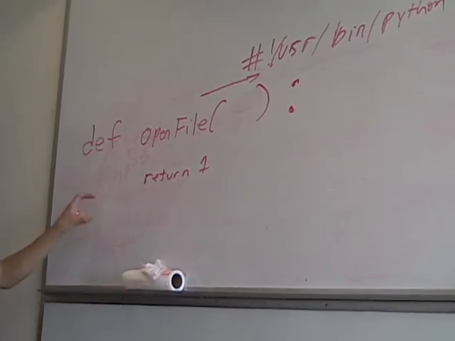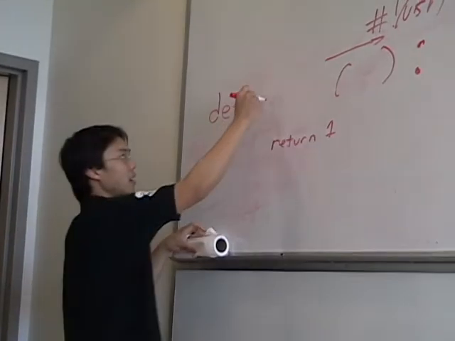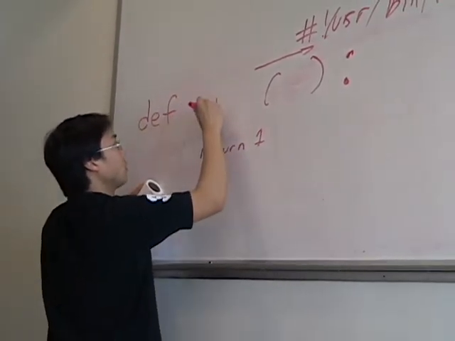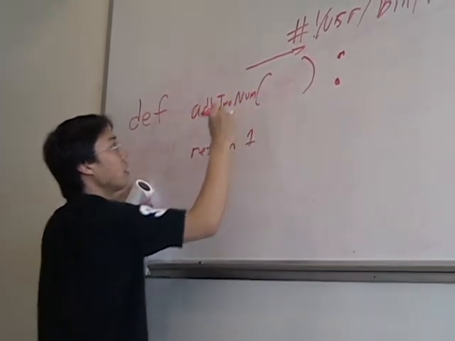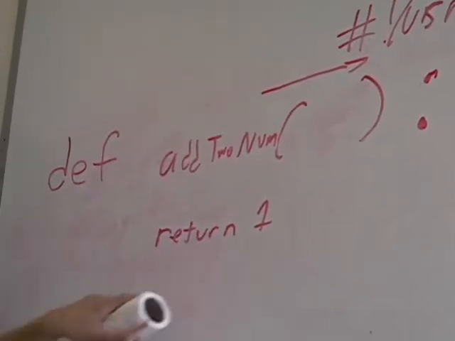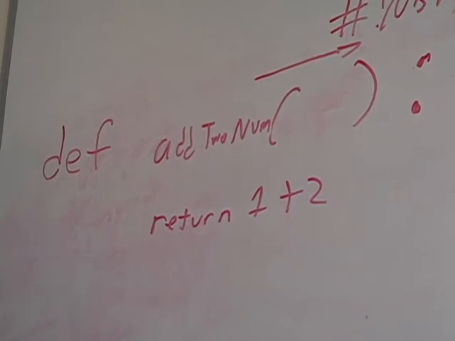Now, suppose you want to make a function to add 2 numbers. By default, it's kind of like this, return 1 plus 2.